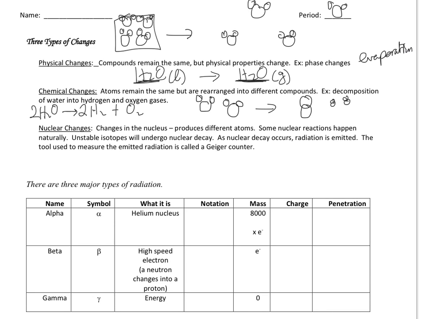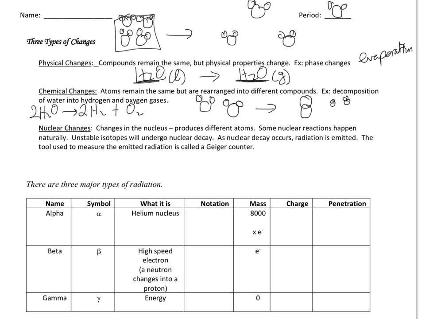So protons determine the type of element you have, the identity of the element. Electrons determine the reactivity. The neutrons kind of help determine whether a substance will be radioactive or not, whether it will undergo radioactive radiation or radioactive decay or nuclear decay.